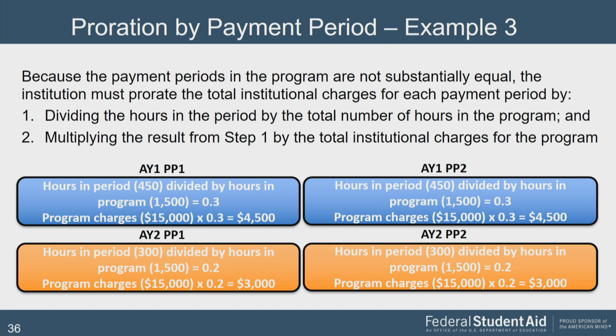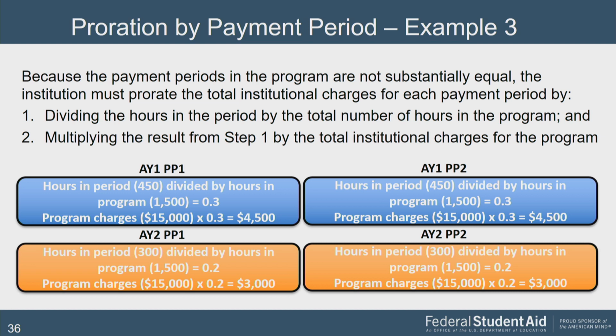And program charges of $15,000 are multiplied by that amount, and you can see here that that winds up being $4,500.